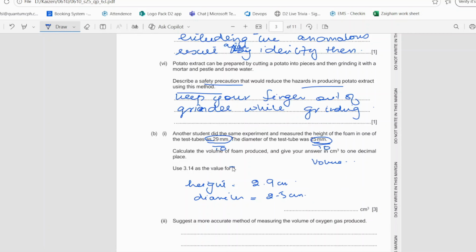That is pi. Correct, that would be 1.25.